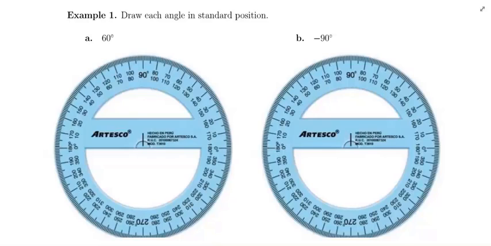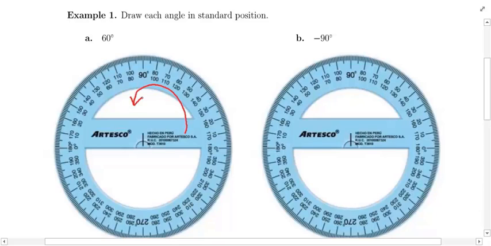Remember, on any protractor that you use, you're thinking more in terms of positive angles, so you want to go in a counterclockwise direction. If you travel in a counterclockwise direction, you want to go from 0 degrees on the right to 180 degrees on the left.